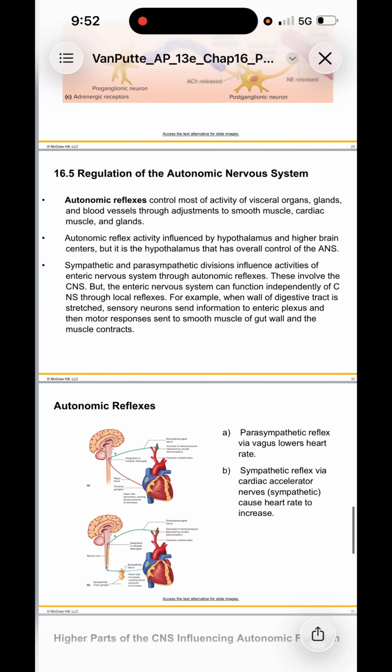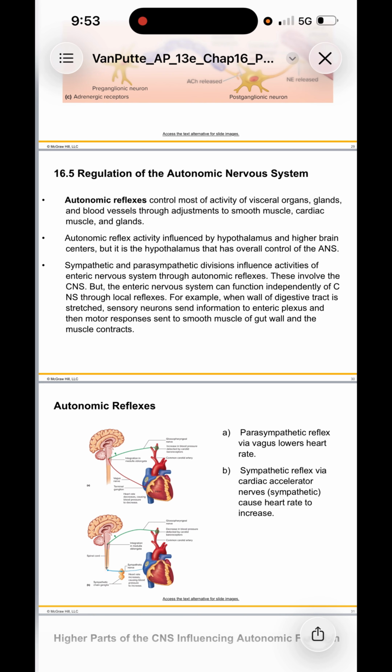16.5 Regulation of the autonomic nervous system. Autonomic reflexes control most of the activity of visceral organs, glands, and blood vessels through adjustments to smooth muscle, cardiac muscle, and glands. Autonomic reflex activity is influenced by the hypothalamus and higher brain centers, but it is the hypothalamus that has overall control of the ANS.